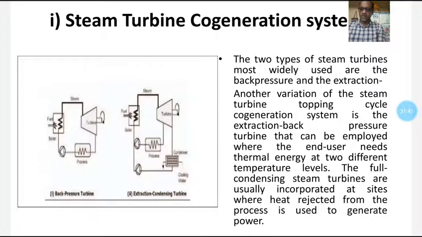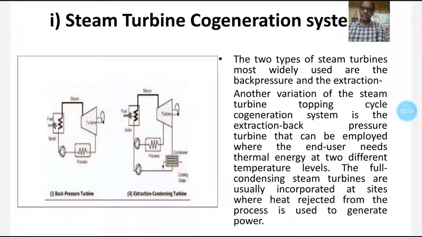So these two are not useful for the bulk type of energy that a conventional thermal power plant provides, but they are very helpful where process heat is required. So this back pressure turbine and the extraction condensing turbine, these two steam generation systems, are utilized in chemical and paper mill industries, some sugarcane industries and rice industries.